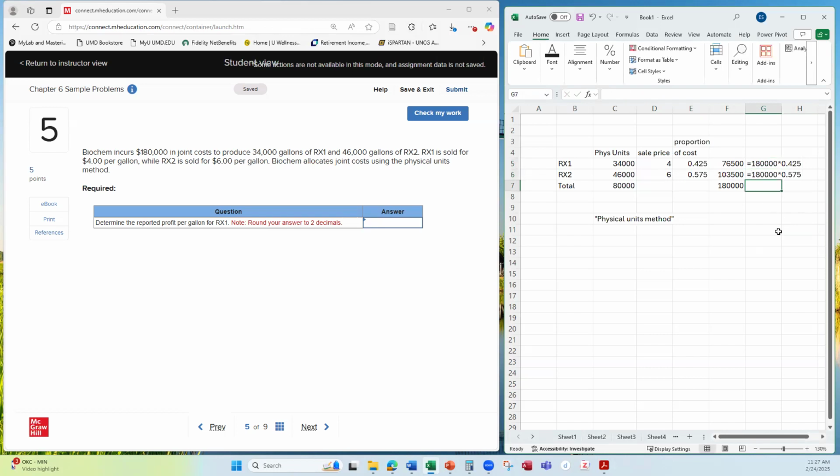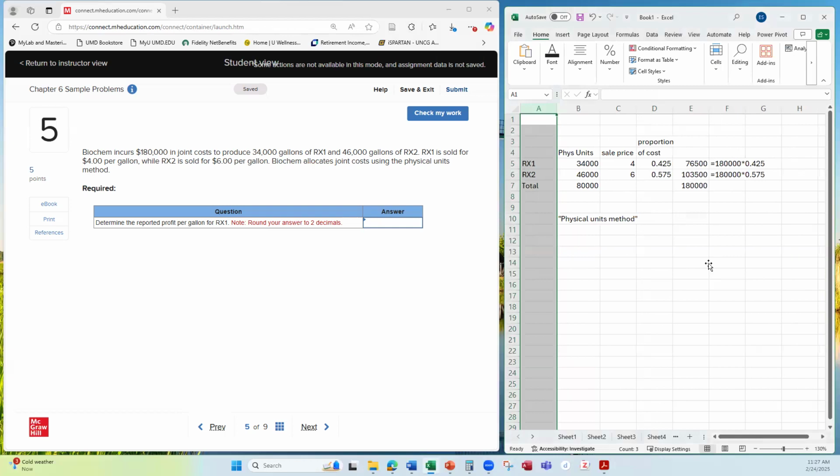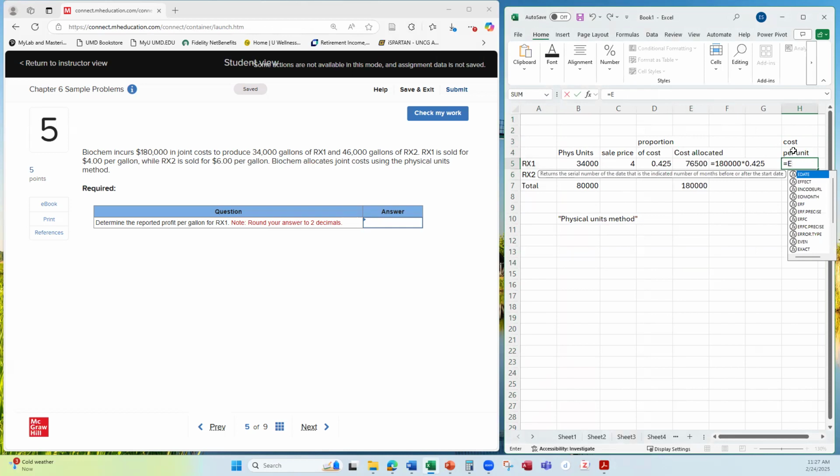And then what you want to do though is you need to allocate this out also based on a unit basis. Okay, so this is the total. And then to divide that out per unit, you would take the cost being allocated. So E5, $76,500. We're going to divide that by the number of units, which was 34,000.